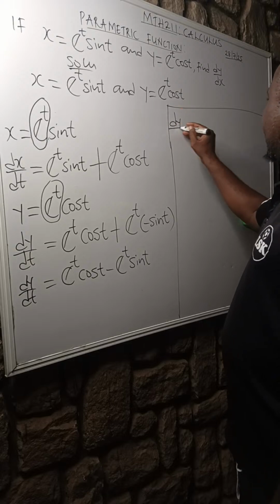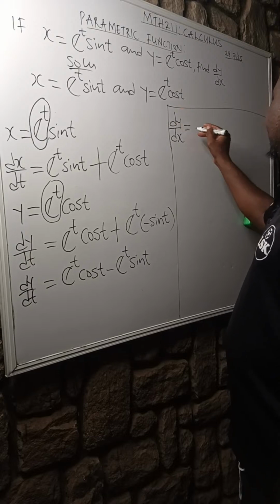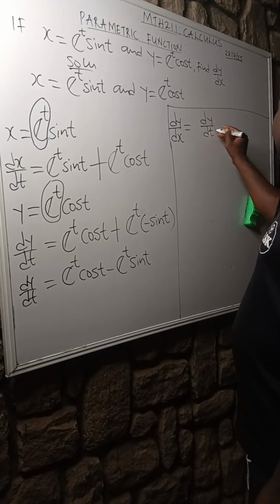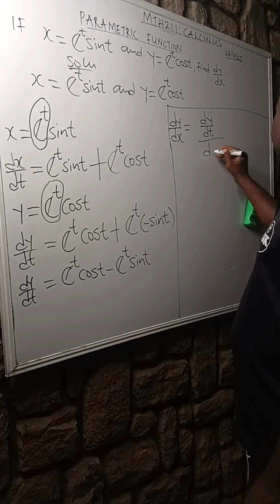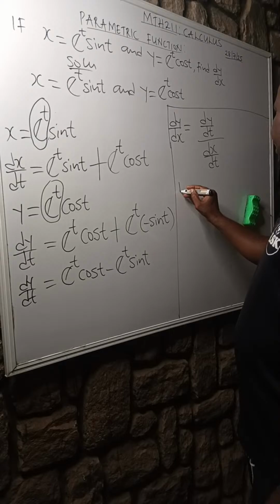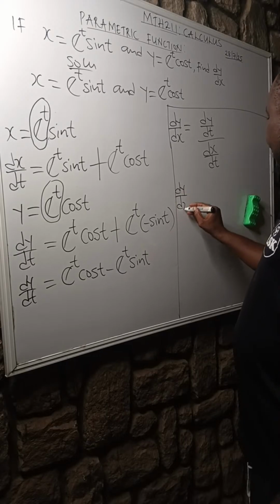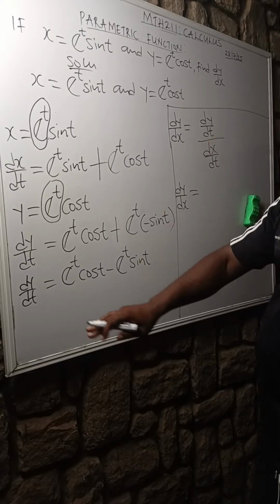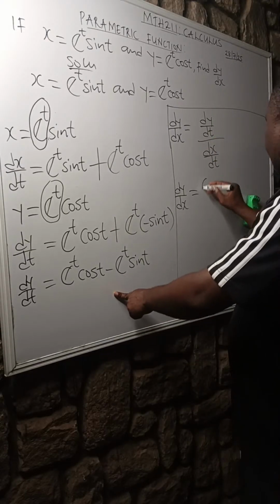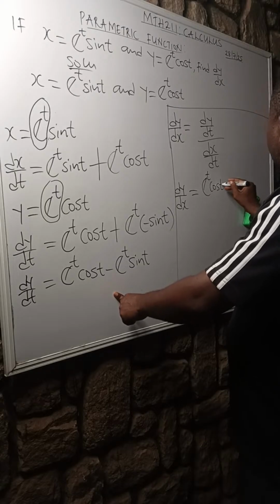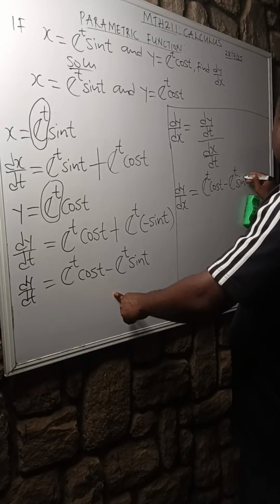So dy over dx is equal to dy over dt all over dx over dt. Then our dy over dx will be equal to, what is dy over dt? dy over dt is this: exponential t cos t minus exponential t sine t, right?